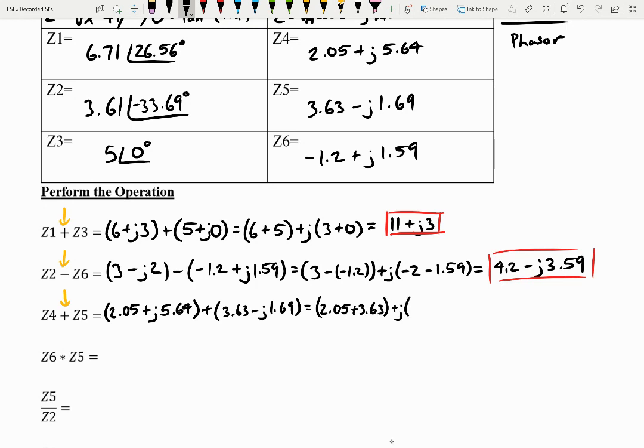We'll add the imaginary parts, 5.64 minus 1.69.